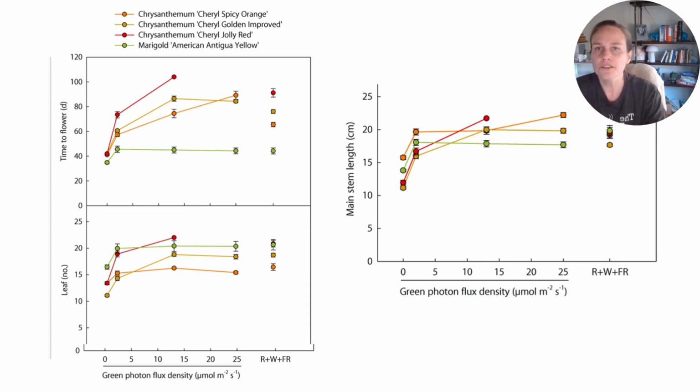But let's look at the data here with chrysanthemums specifically, because it seems like marigold doesn't have much effect by low amounts of light interruption. But let's look at chrysanthemum Jolly Red. If there's no daylight extension by low intensity, then your plant will finish in about 40 days.